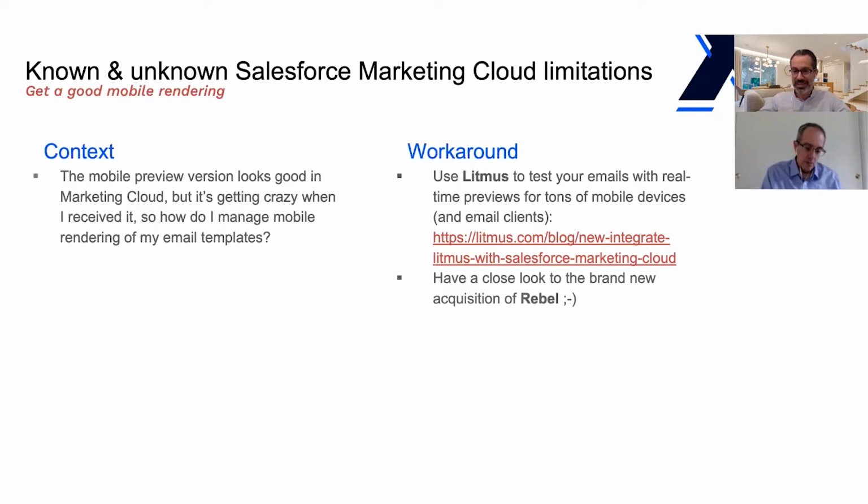This feature is coming from Rebel. So maybe Salesforce will have more and more state-of-the-art mobile preview. Maybe it's coming through this acquisition. Or you can also vote for this idea, asking the Salesforce team to have a look at the mobile rendering, because obviously it's not good enough, so they could also work on that.